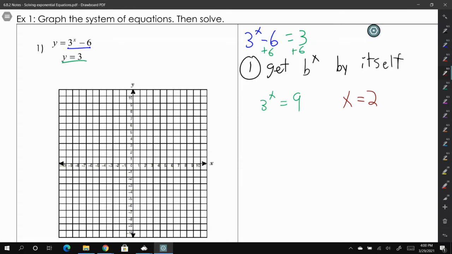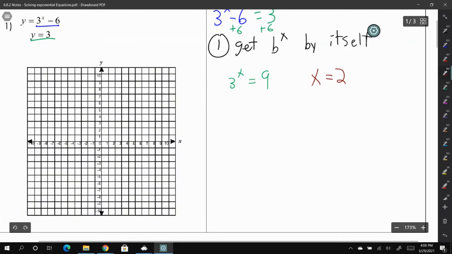We could have 3 to the x equals 21, or 2 to the x power equals 17, where it's not going to be a whole number. So that's why it's important to be able to do these steps when you get problems like that.